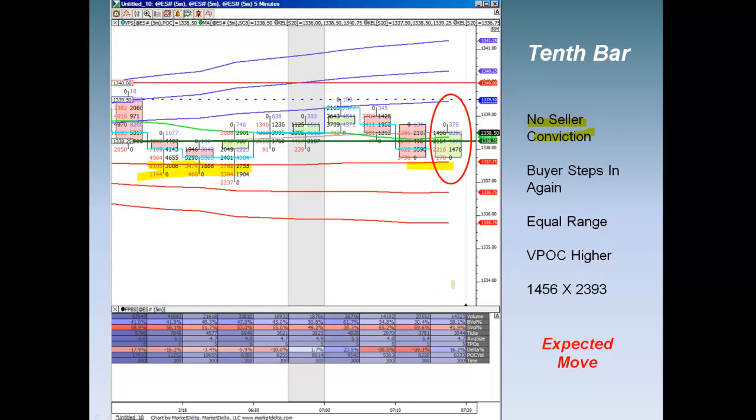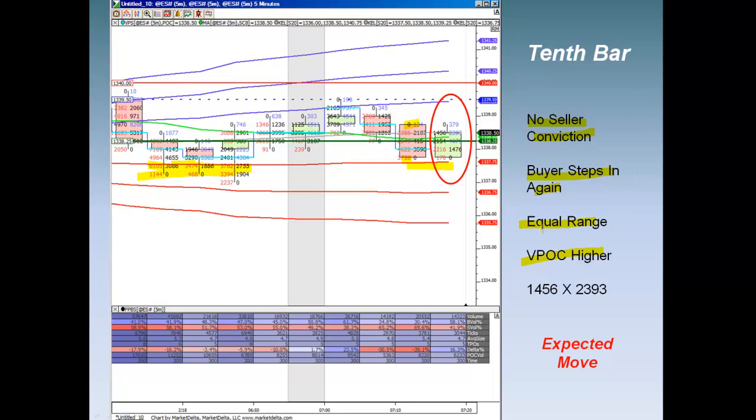And then now with 14,000, we see that prices managed to engulf the prior candle's range completely. So obviously the buyers now are starting to take control. They've stepped back in and they are dominating the sellers in this candle. Equal range, you see how the range of this candle is pretty much equal to that one. And notice another important development.